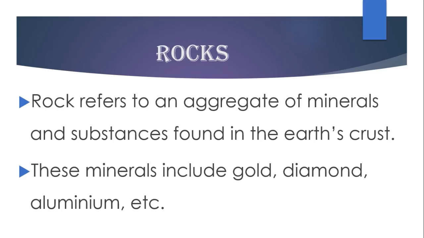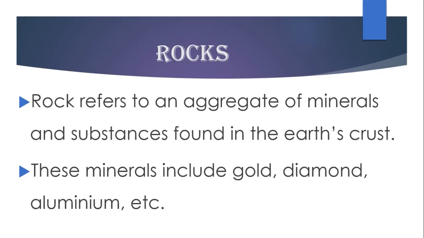We define rocks as an aggregate of minerals and substances found in the Earth's crust. When we talk about an aggregate, we are looking at a composition of a lot of substances, a lot of things coming together to form a whole. It means that a lot of different substances are coming together to make up a rock.